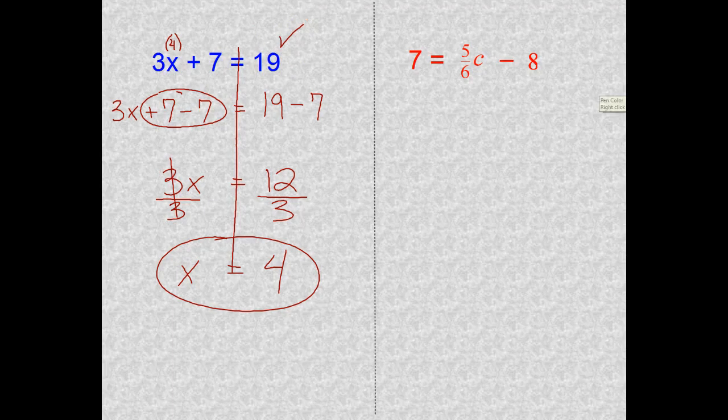Problem on the right made it a little bit more difficult by putting a coefficient of a fraction. Still working our way towards that coefficient, we have to undo this constant of -8 and be rid of it. So we're going to add 8 to both sides.